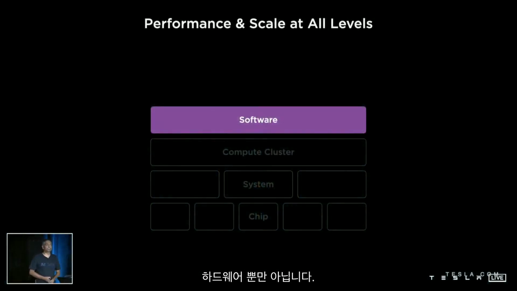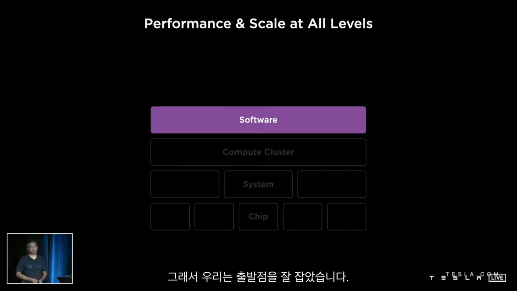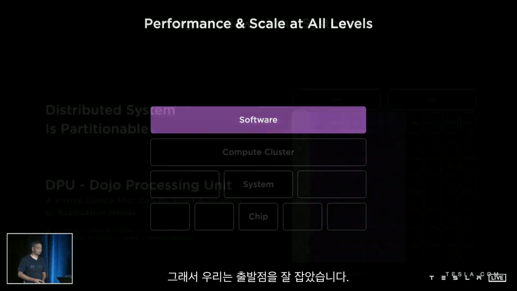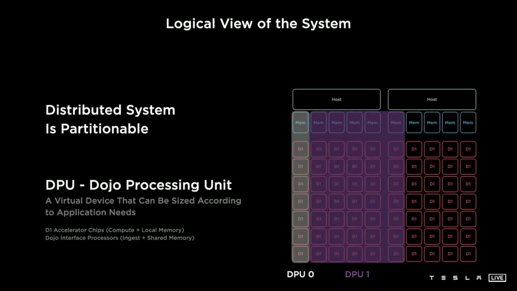Not just the hardware, the software aspects are so important to ensure scaling. And not every job requires a huge cluster, so we planned for it right from the get-go. Our compute plane can be subdivided, can be partitioned into units called Dojo processing unit. A DPU consists of 1 or more D1 chips.